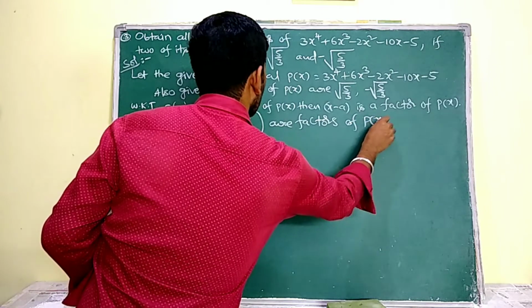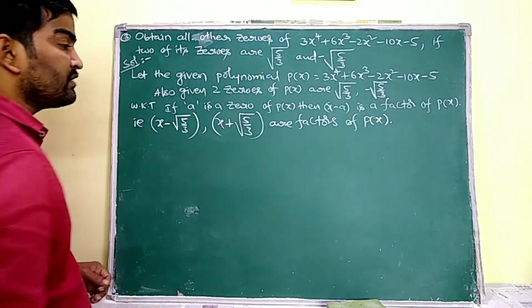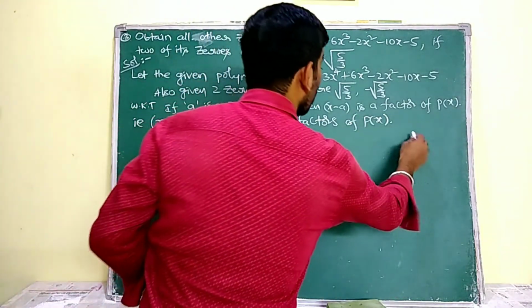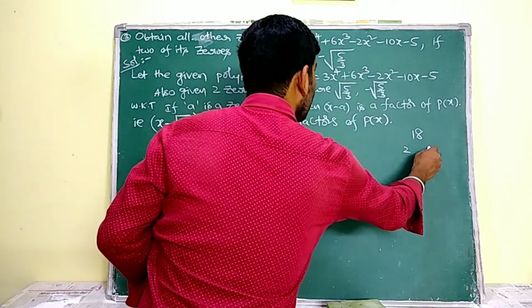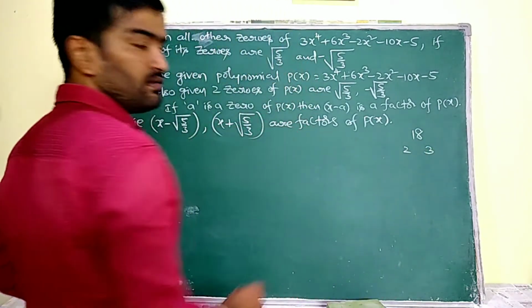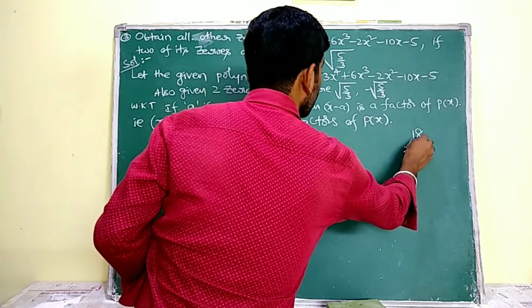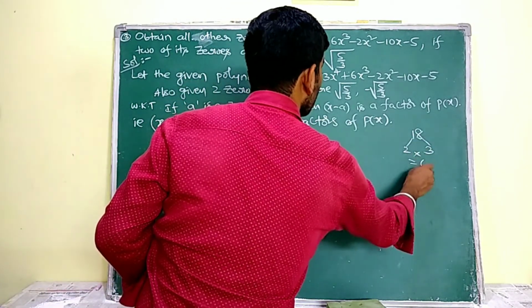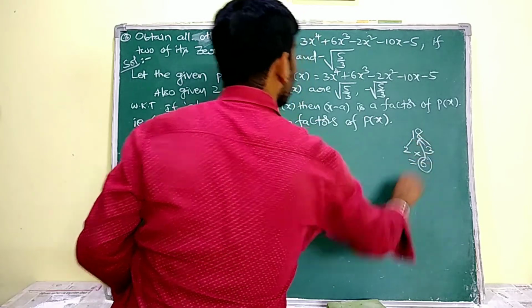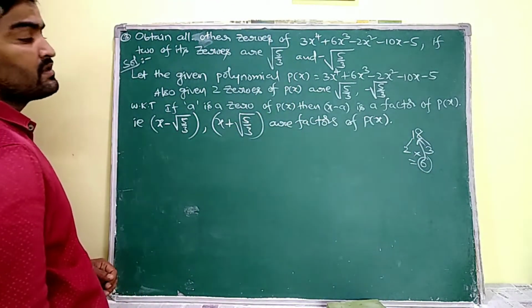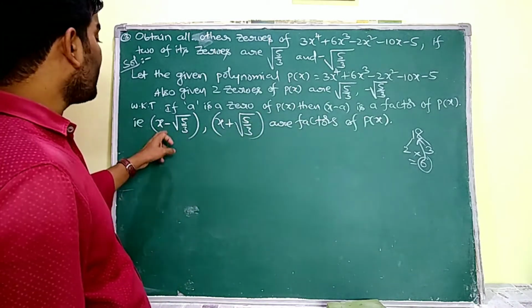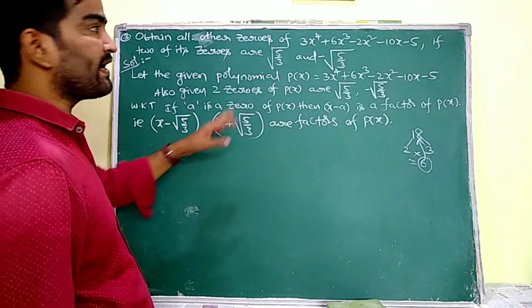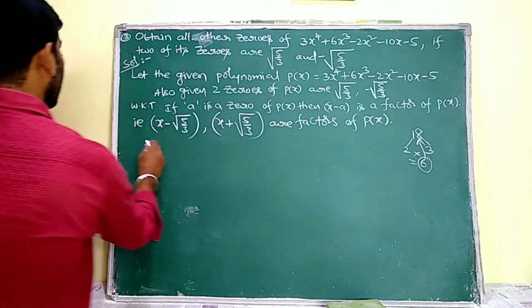And one more thing you have to remember. For example, for 18, 2 is a factor and 3 is a factor. The product of these two, 2 and 3, that is 6, is also a factor of 18, we know. So these two are the factors of p(x), so the product of these two values is also a factor of p(x).